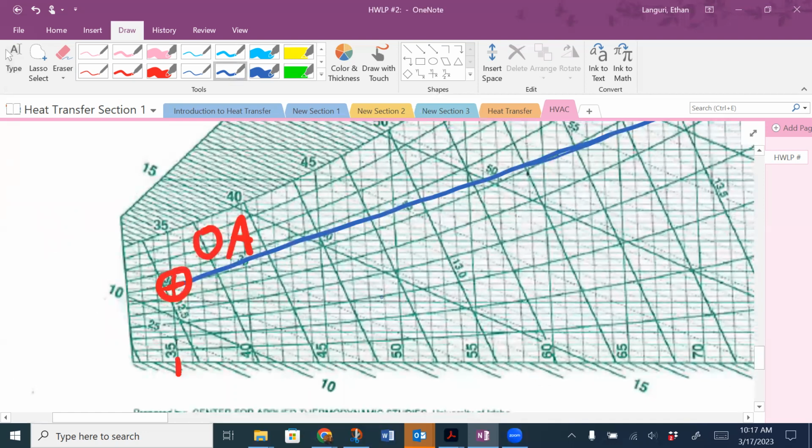And remember, these lines are constant specific volume. And as you can see, we are very close to this 12.5, a little bit over 12.5. So 12.52 specific volume is really coming from this line, right? So that's my specific volume.